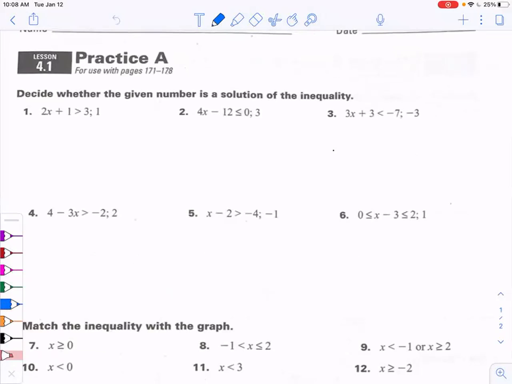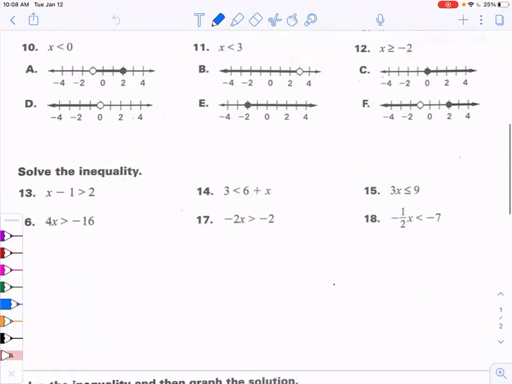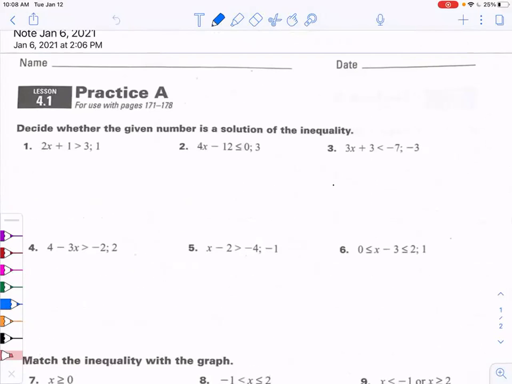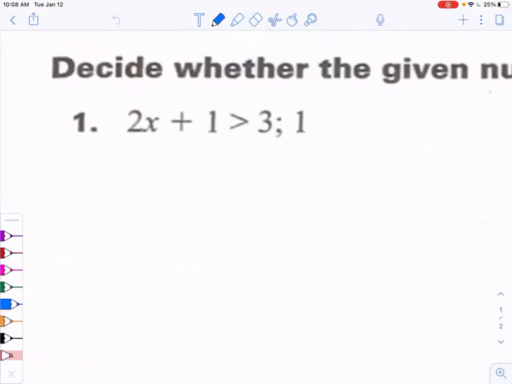So the first 6 questions ask you to decide if the number that they give you is a solution. And it's written a little weird, but this number after the semicolon is a 1. We want to know, is that 1 a solution? So that's the number that we're plugging in for x to decide if it is a solution.